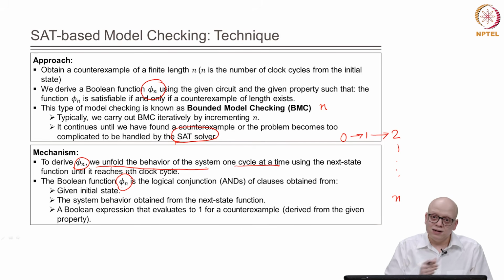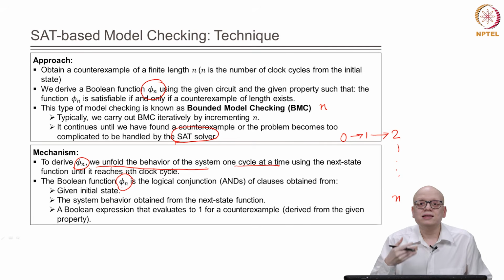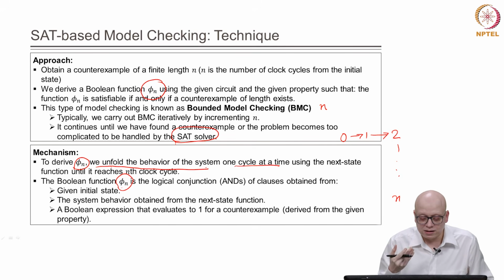Otherwise, we can say that till clock cycle n, there does not exist any input combination that will refute this property P. Beyond n clock cycles, we cannot say anything. But till n clock cycles, we can say that there is no input sequence which will actually refute this property P.